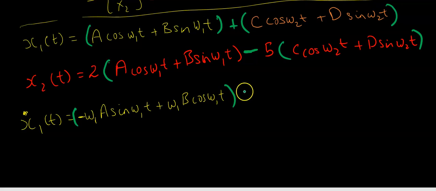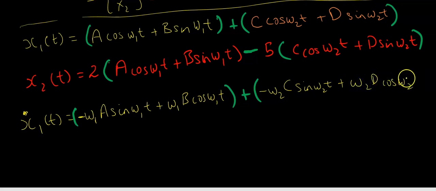And I'll put in a plus, and keep the same yellow on the inside. If I differentiate this, I get minus omega 2 C sine omega 2t, and if I differentiate across here, I get omega 2 D cos omega 2t. And that's going to be my velocity of x1.